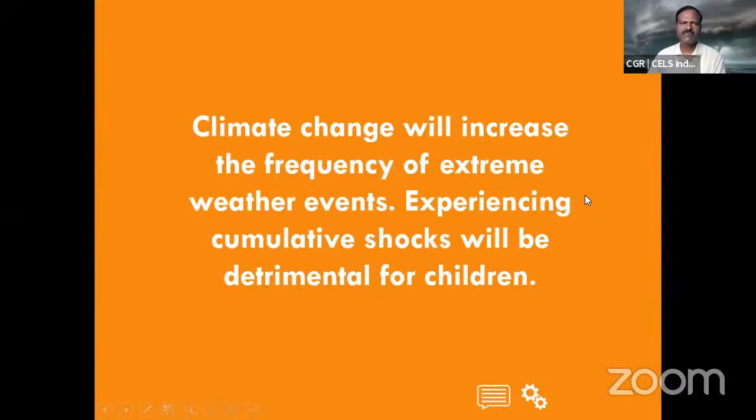Climate change will increase the frequency of extreme weather events. So this is a very big factor. Sometimes we might feel we had enough rains this year, but there will be excess temperatures also to evaporate the water bodies. So this is a kind of situation where extreme weather events as well as shifts in the seasons have also happened.